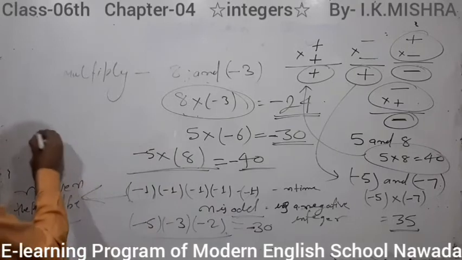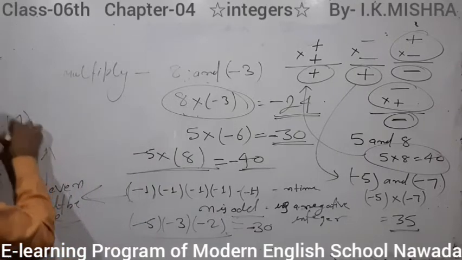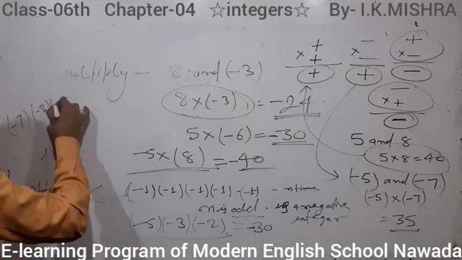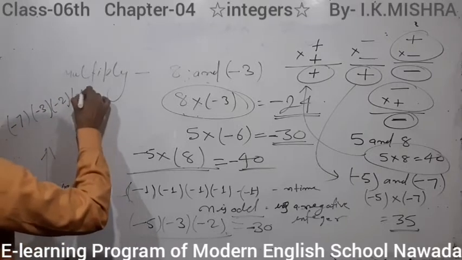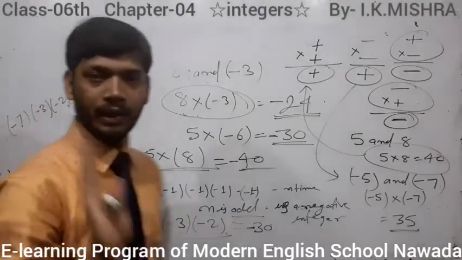But here I write an example: 7, minus 3, minus 2, minus 1. Here, students, there are 4 integers and 4 is an even number.